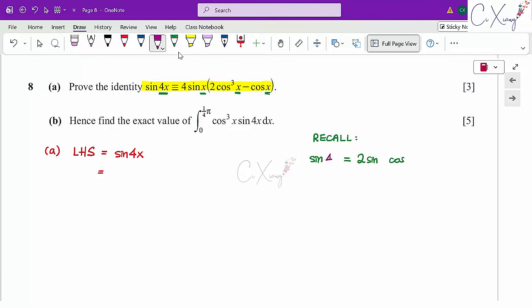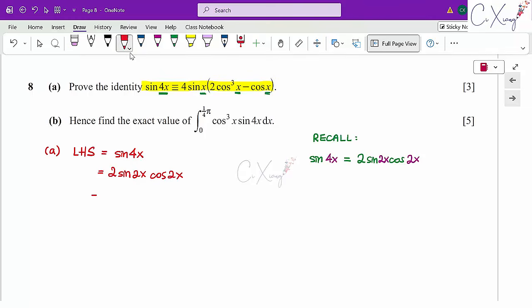So you have sine 4x equals 2 sine 2x cos 2x. We are allowed to play with the angle. The double angle means that on the left hand side, the angle is double the angle on the right. So we change our angle into sine 4x and expand it, and I continue with 2 sine 2x cos 2x.